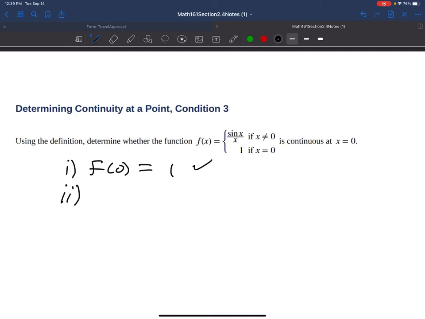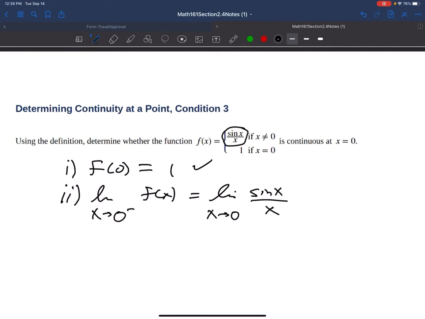Criteria 2. Well, if we take the limit as x approaches 0 from the left of f of x, that's just going to be the limit as x approaches 0 of sine x over x, because what's interesting about this problem is from the left and the right, we're going to use sine x over x, because this function is actually equal to sine x over x on both the left and the right side of 0, because the only place it doesn't equal sine x over x is literally at 0.